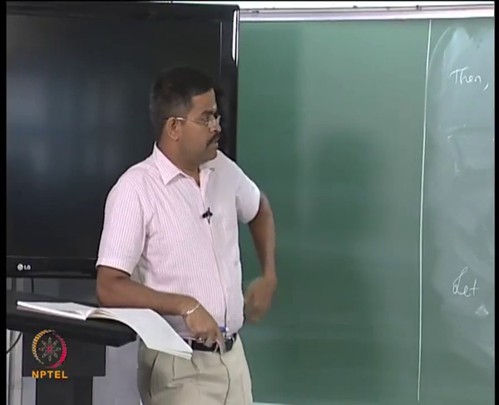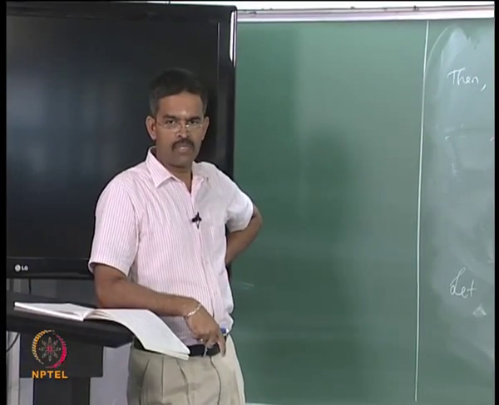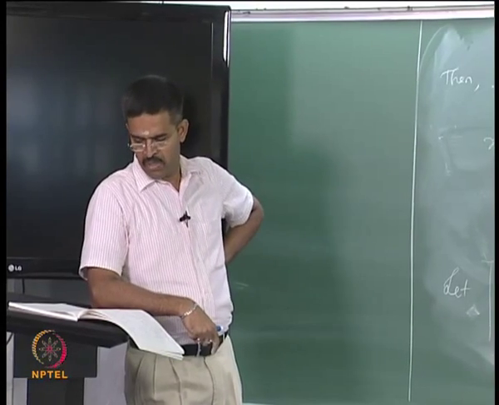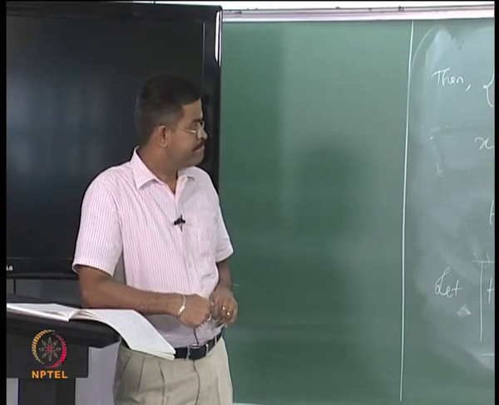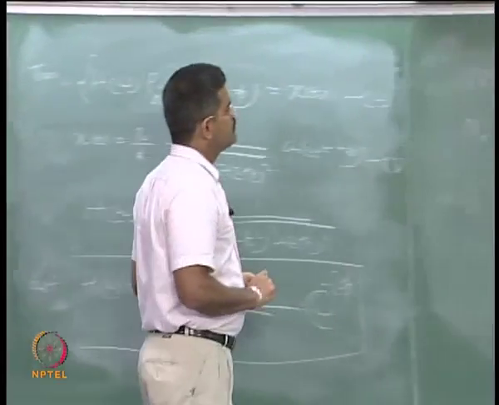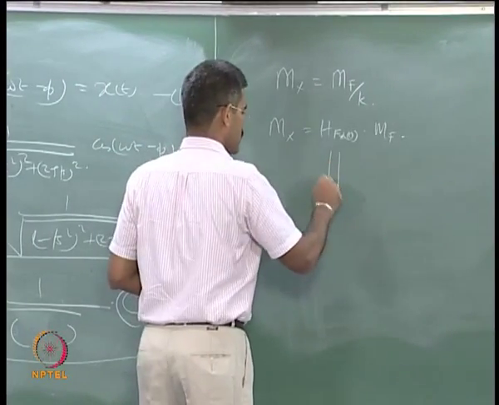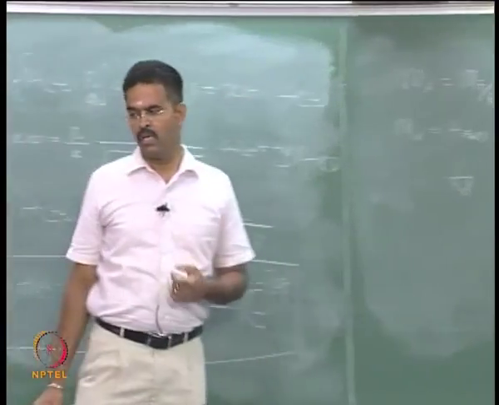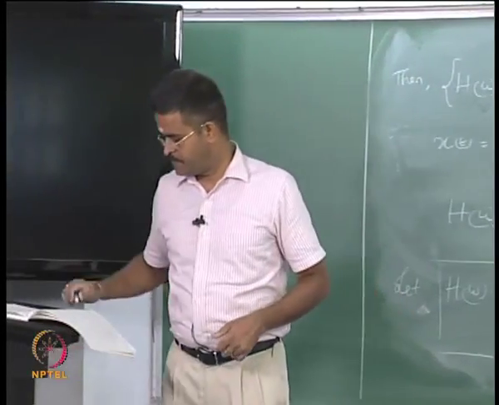So, if you know the mean of my forcing function, using the transfer function I can easily find the mean of my response. Okay. Now, taking this forward, in the next lecture we will talk about how to get the response spectrum plots.